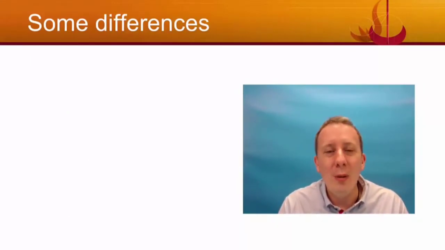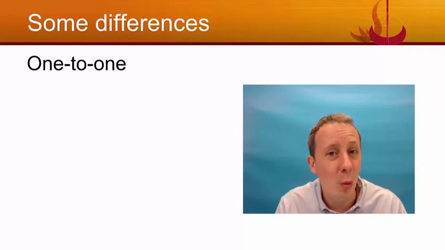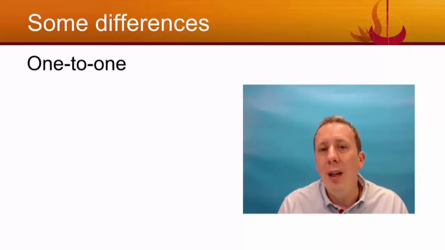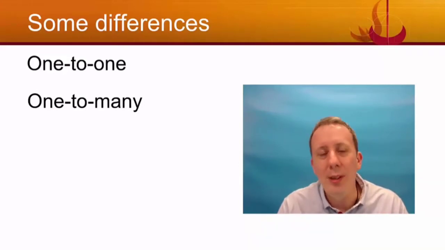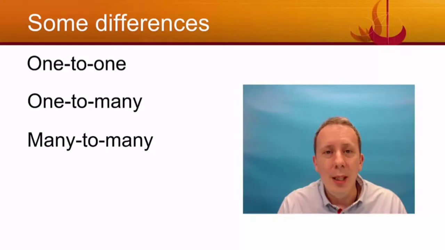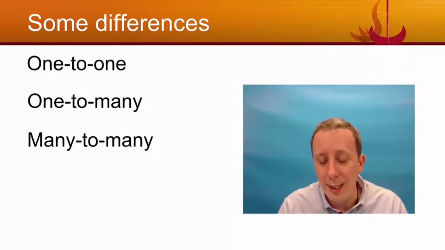So just going briefly over some differences in different speaking genres or different situations. You have your one-to-one type of conversation. And then you, of course, have your one-to-many. A business presentation to an audience would be an example. You have many-to-many type of conversation. That could be a large meeting with a group of people.